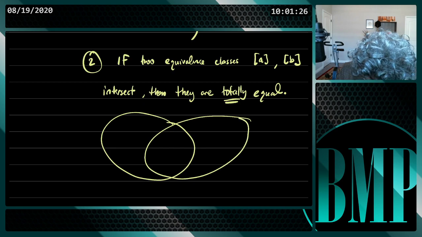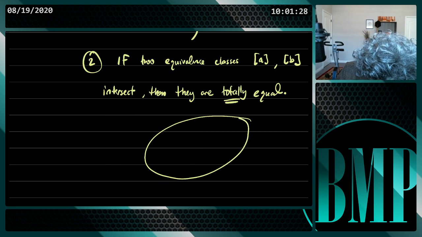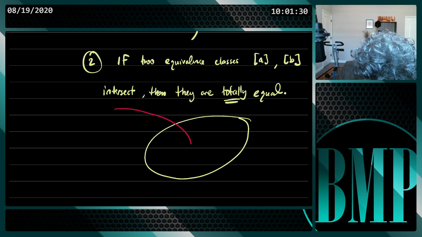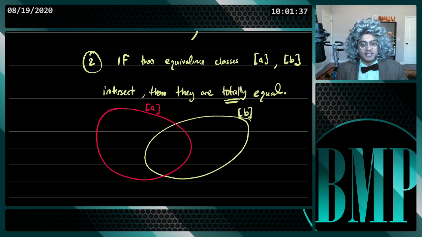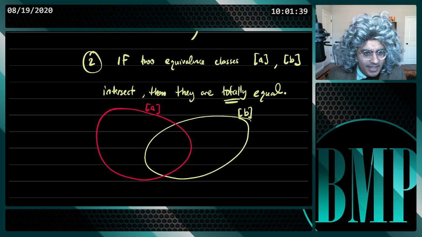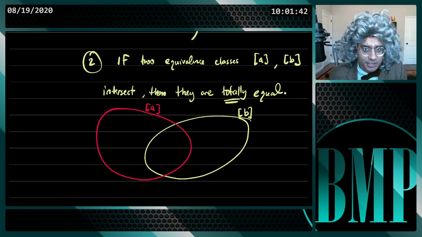So maybe this red is A's equivalence class, and yellow is B's. And let's say they intersected.